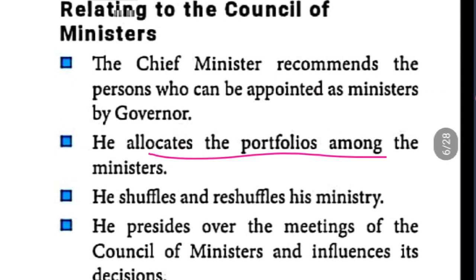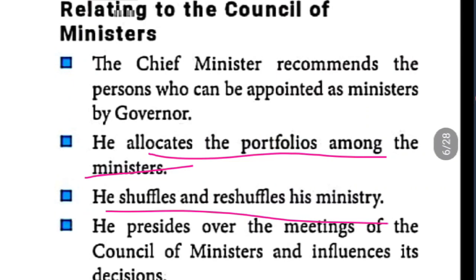What is meant by portfolios? Portfolios means departments. So who has the right to fix the departments of the ministers? The chief minister. The third point: he shuffles and reshuffles his ministry. He can change this ministry.